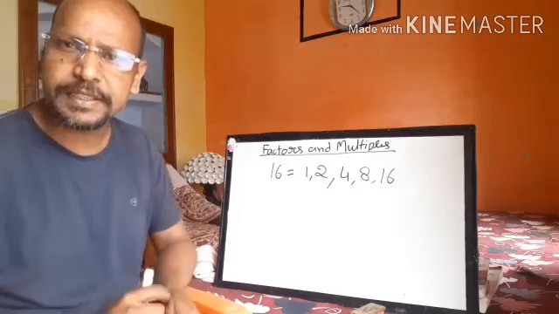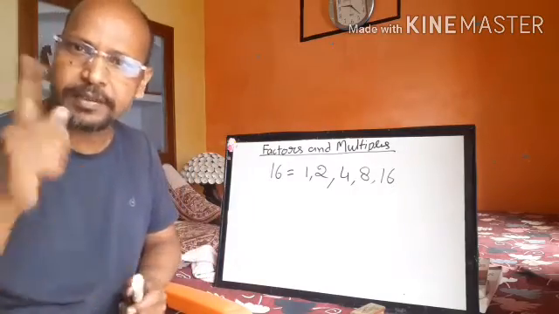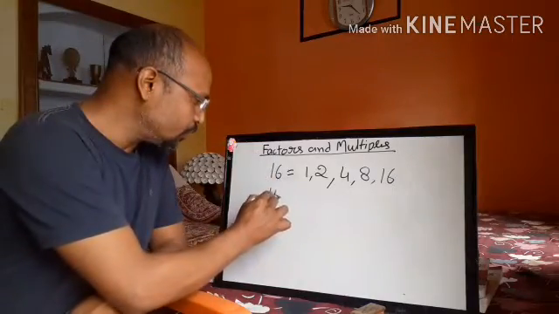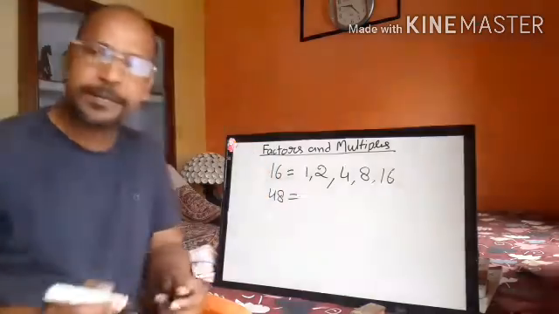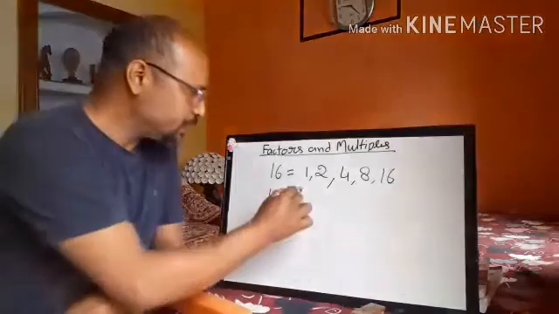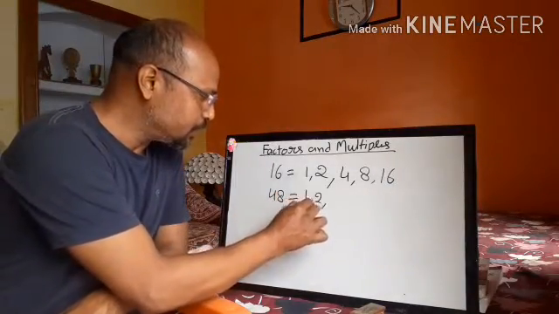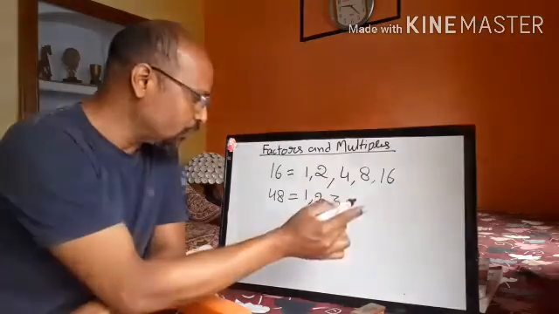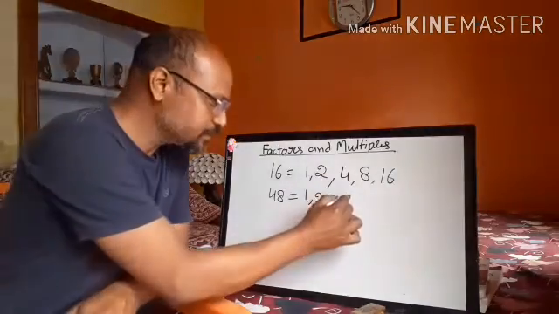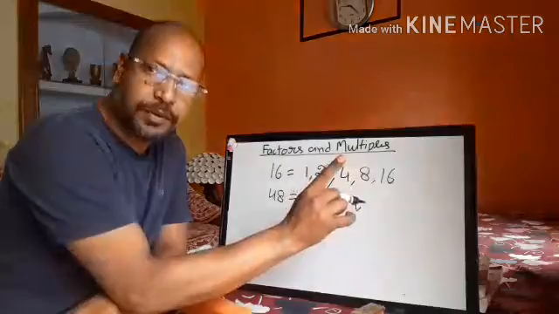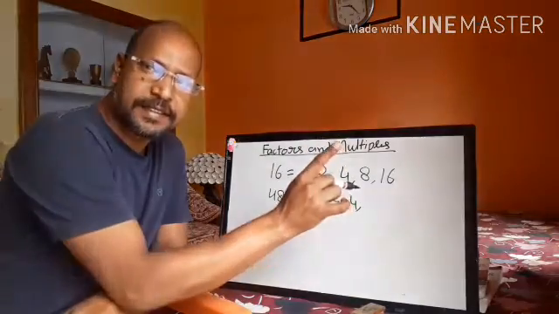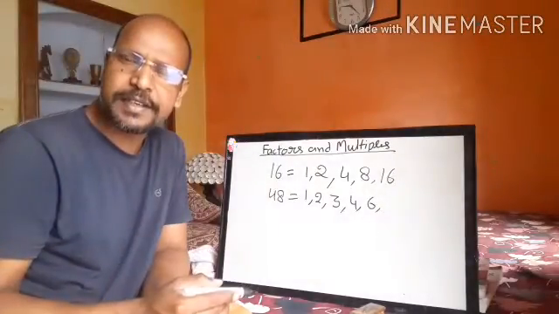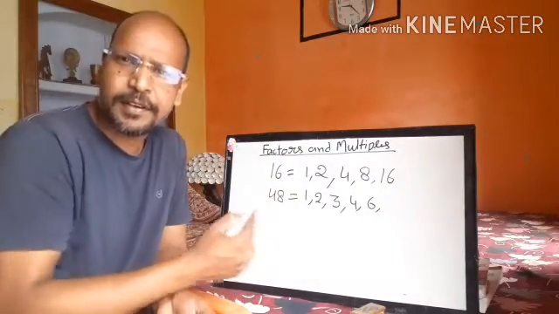One thing you can see, let's take one more example, then we will clear a doubt. Let's say I'm taking 48. 48 is divisible by 1, by 2, by 3, by 4, yes, 5, no, 6, yes. You can also give the answer along with me.